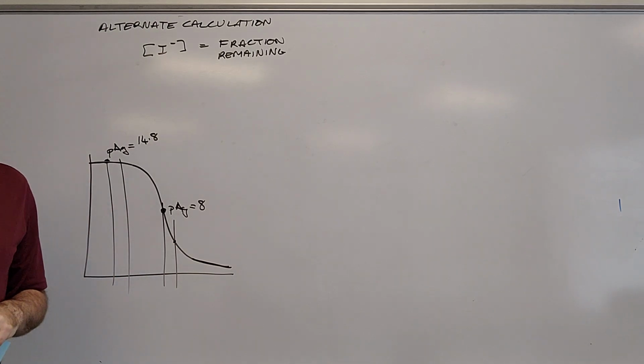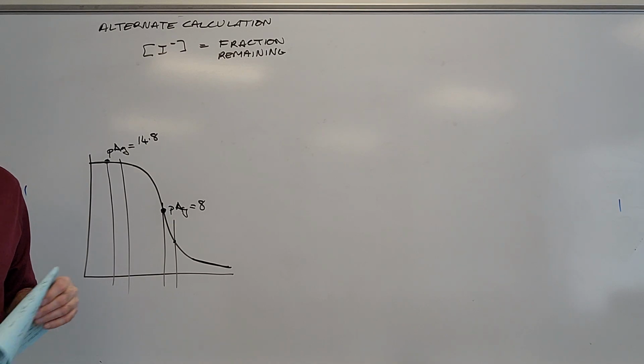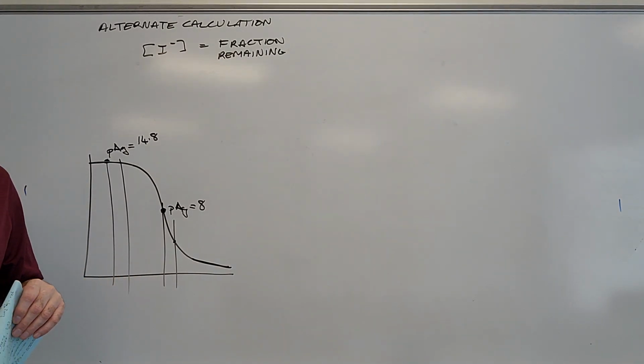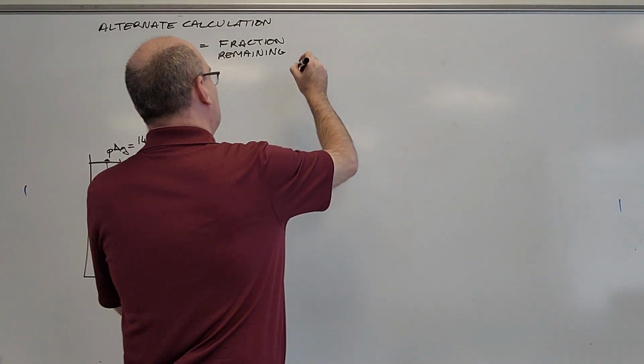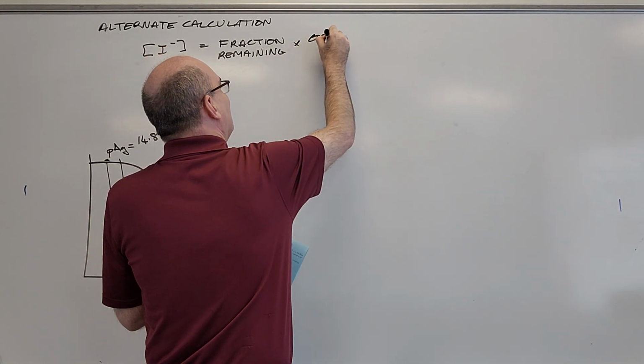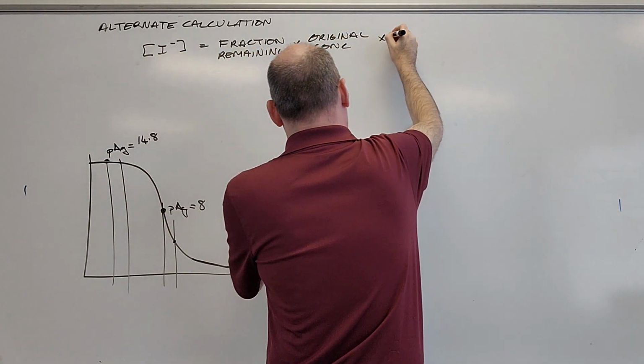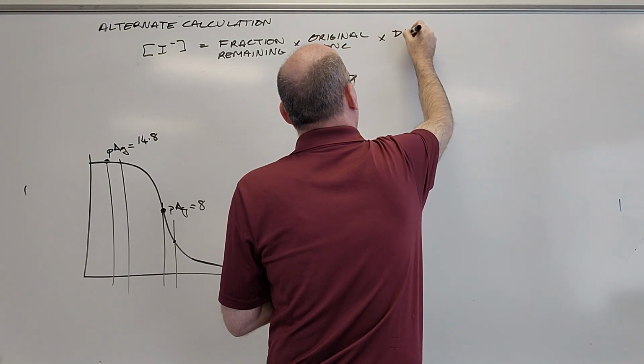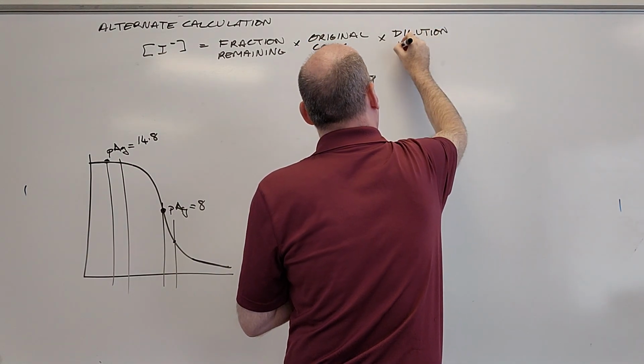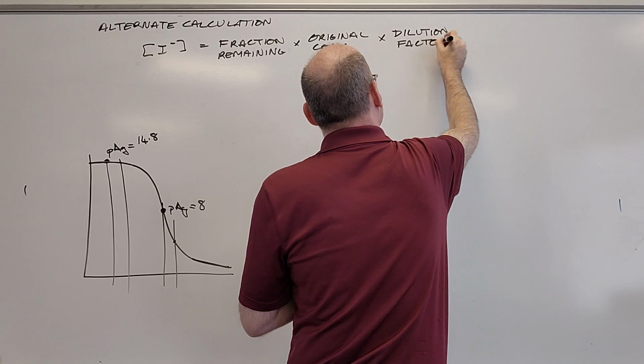It doesn't have to be the fraction remaining, just has to be a fraction, because later on, when we go past, it's surplus. Multiplied by the original concentration, multiplied by the dilution factor.